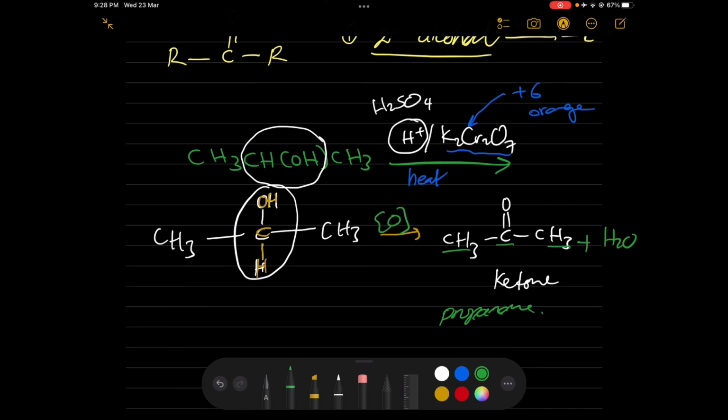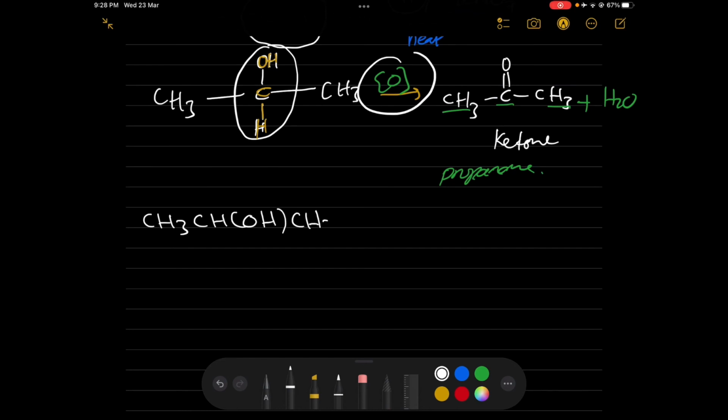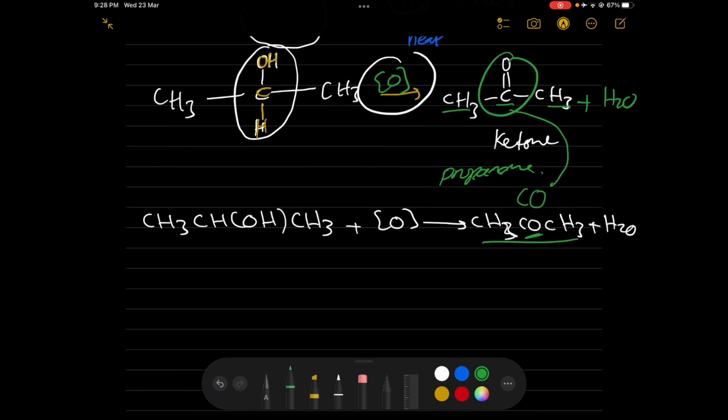How can I describe this equation in a simple way? You can write CH3CHOHCH3 plus O gives CH3COCH3 plus H2O. Now let's count the oxygens.